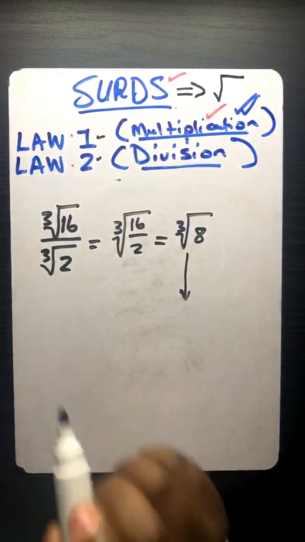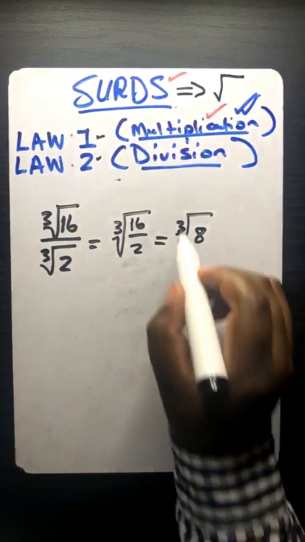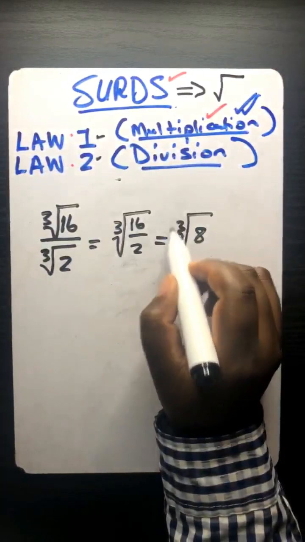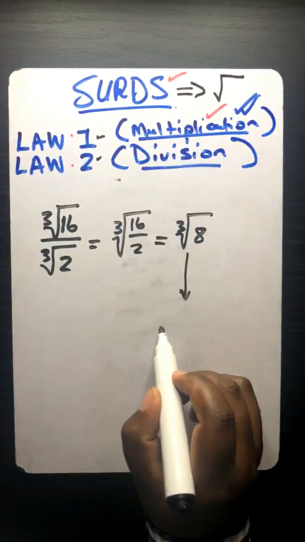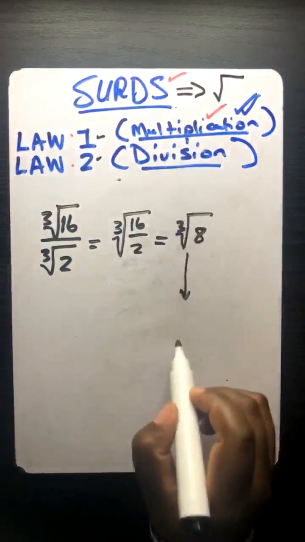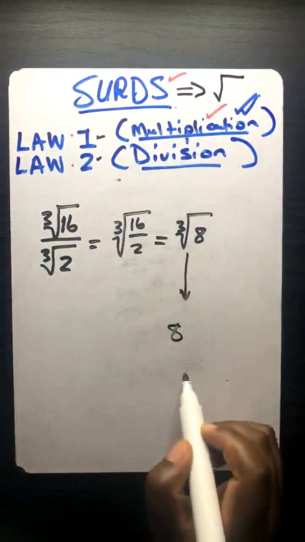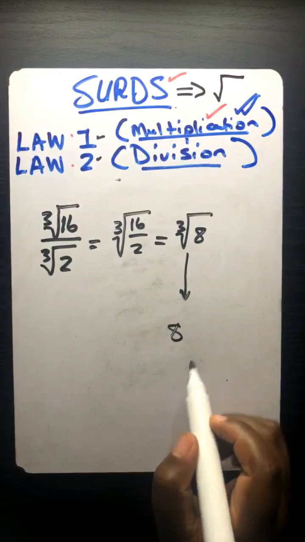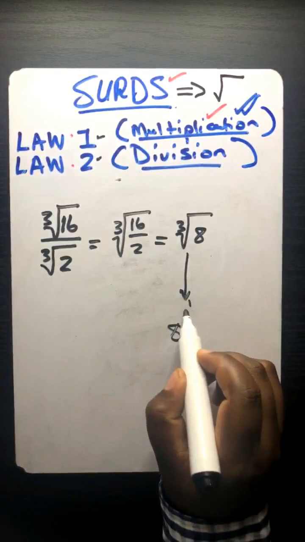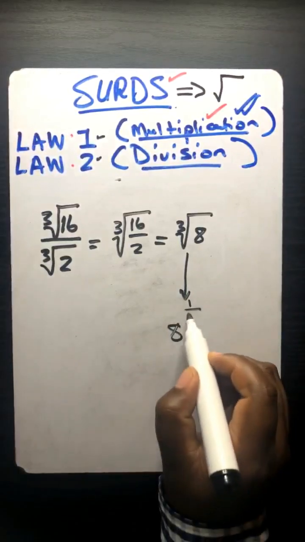Remember, guys, I just explained that when you are having that there, you can still represent this as what you have inside the square root to the power of 1 over 3.